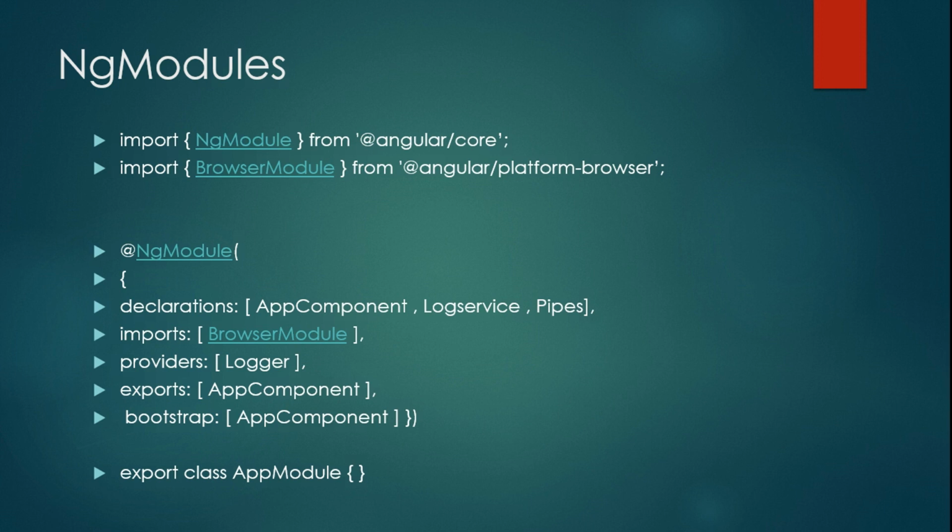Providers create instances for services, and that singleton instance is injected into the components by dependency injection. Whichever components depend on the service, NgModule injects that same instance into all the components declared in this NgModule.